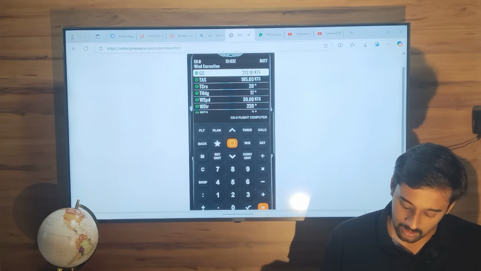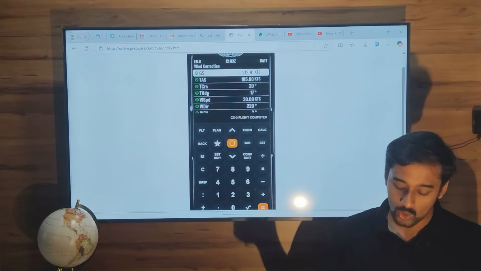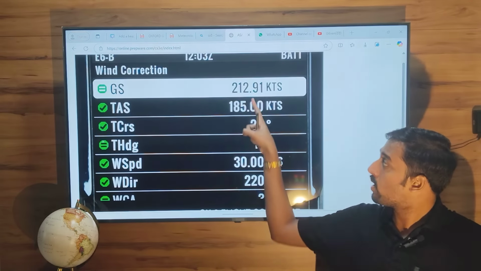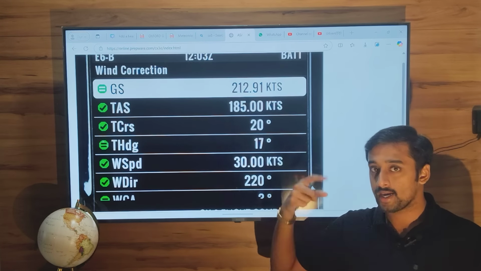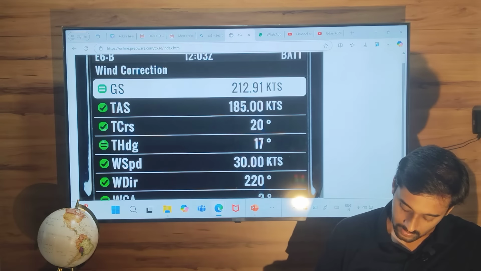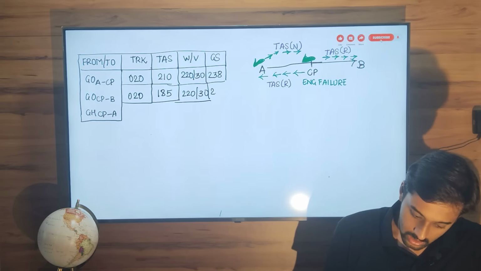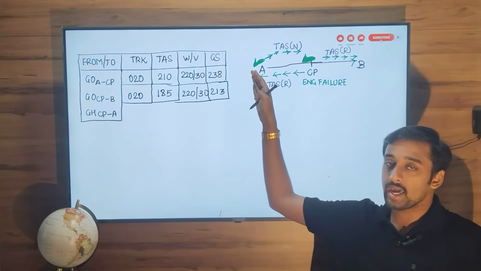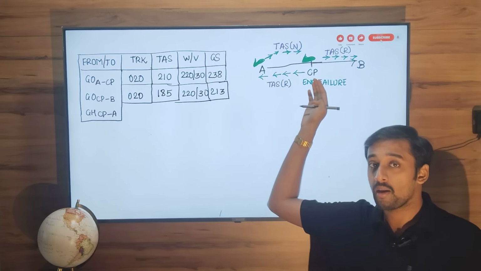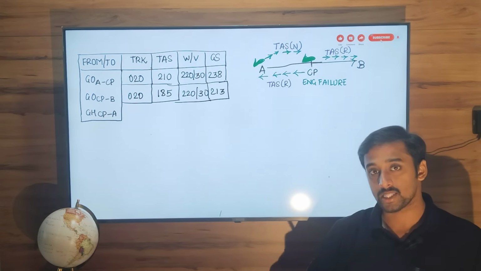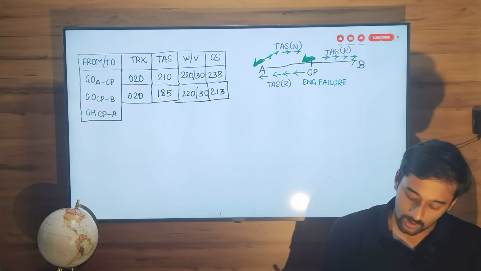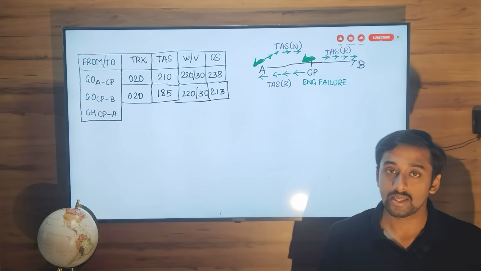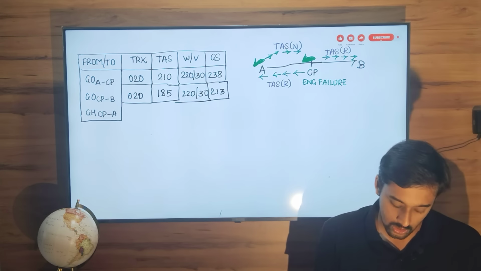So your ground speed will be 212.9, so you can take it to be 213 knots. Now the last row. You're coming back from CP to A after engine failure. So coming back, your direction of flight will be the reciprocal. The reciprocal of 020 is 020 plus 180, 200.